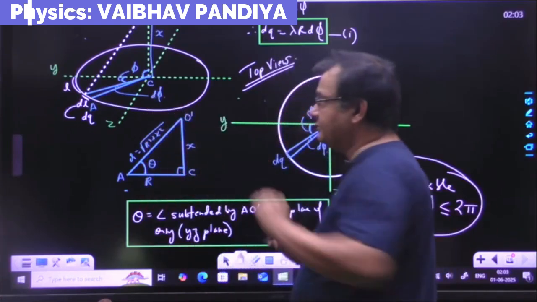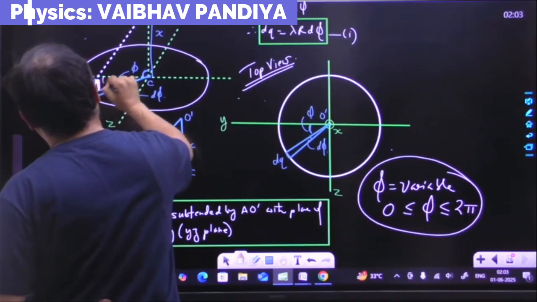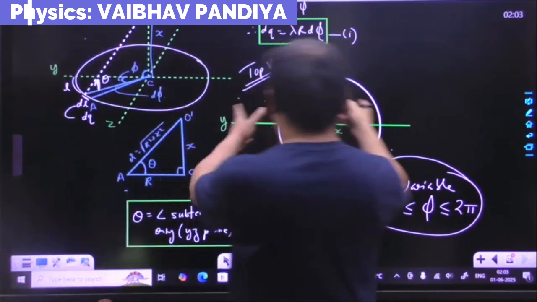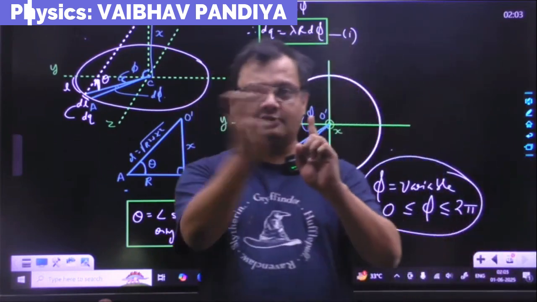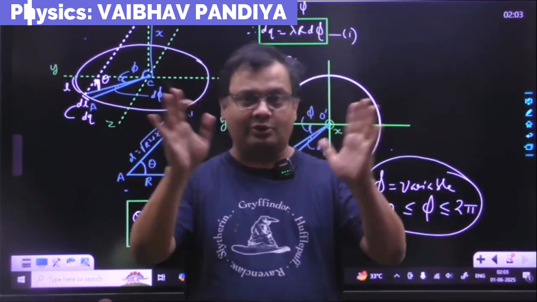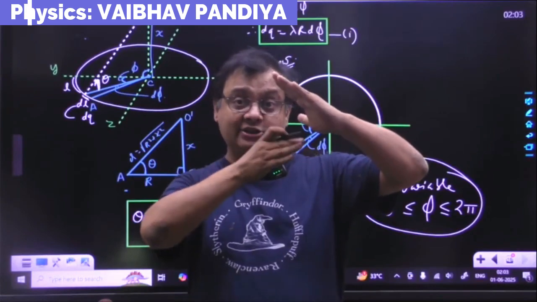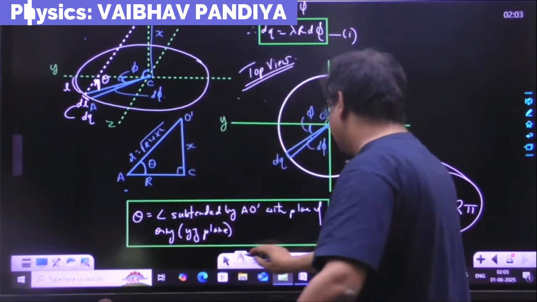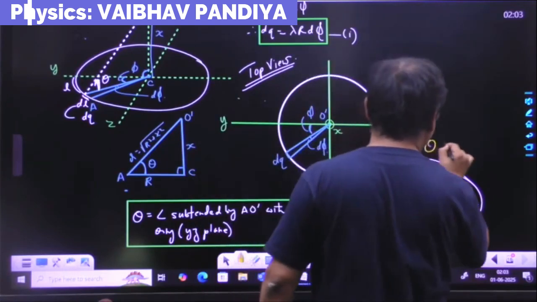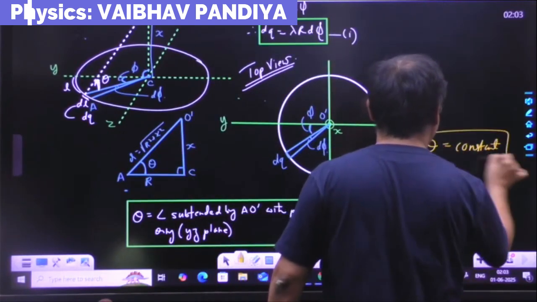But do you think theta will change? This angle is theta, and you won't see theta in this figure, as we discussed before. As dq changes around the circumference of the ring, will theta change? No, theta will not change. The orientation of that line joining dq with the point on the axis will remain the same. So theta is a constant, correct?